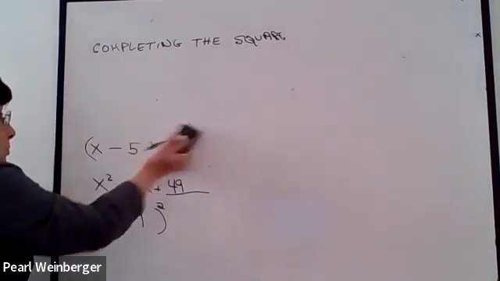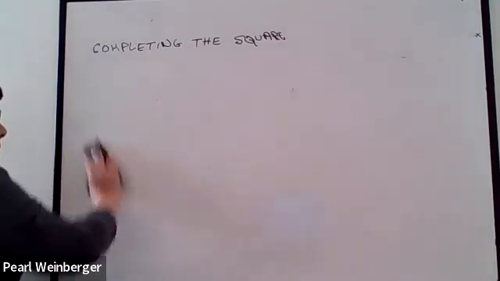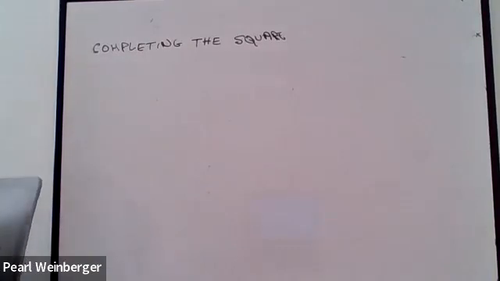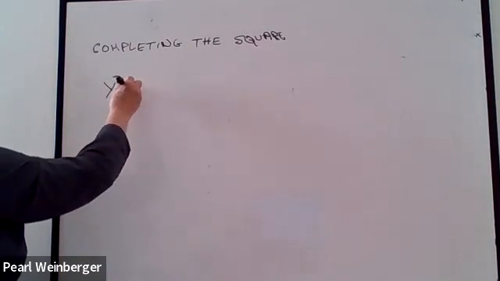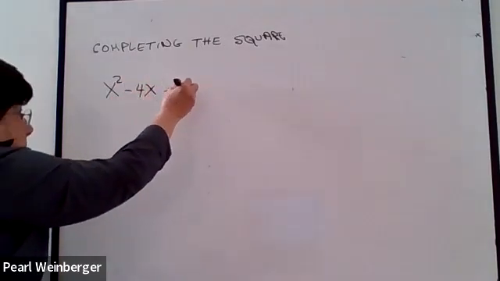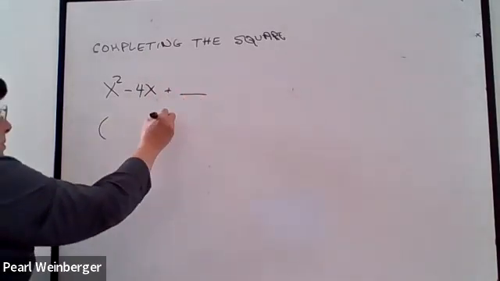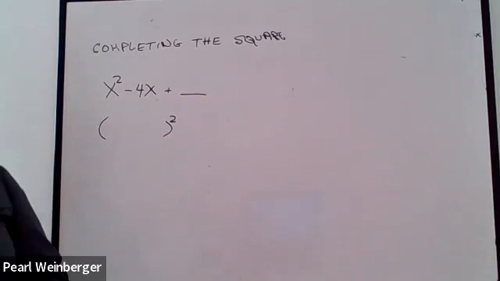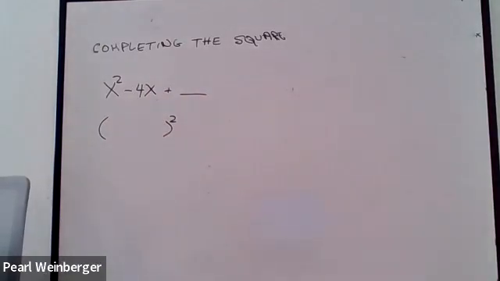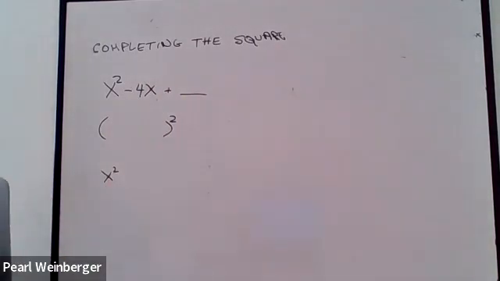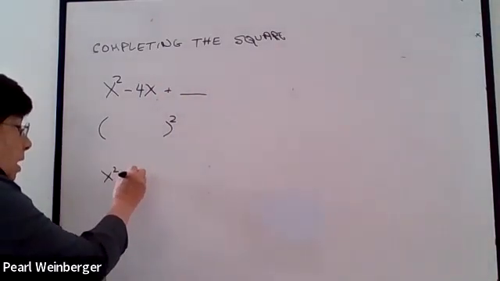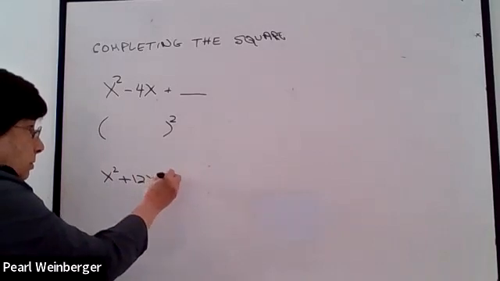Here, let's see if I give you one to try. Actually, I'll give you two. I'm giving you x squared minus 4x plus blank, and it has to be something squared. That's number 1. And suppose I give you, here's number 2, x squared plus 12x plus, here's our blank.